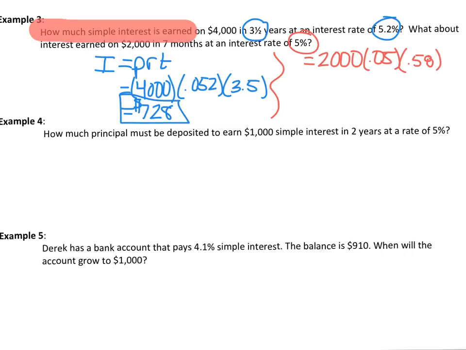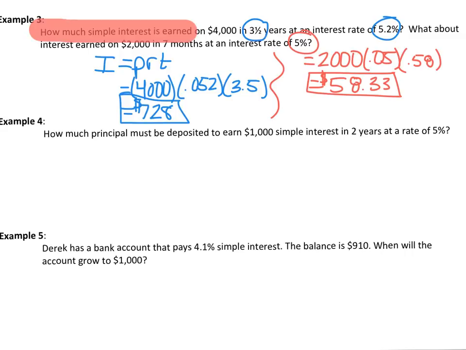So 7 months is 0.58 years. And then when you multiply all that, you do get $58.33. So that's how you calculate simple interest. It's pretty easy, pretty basic.